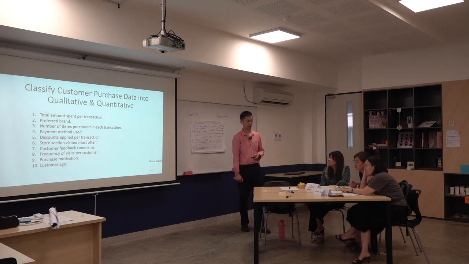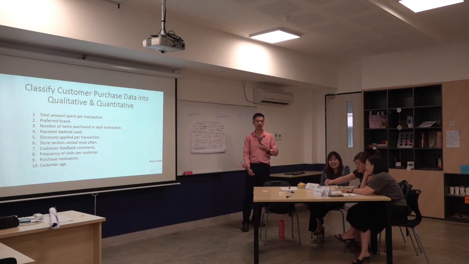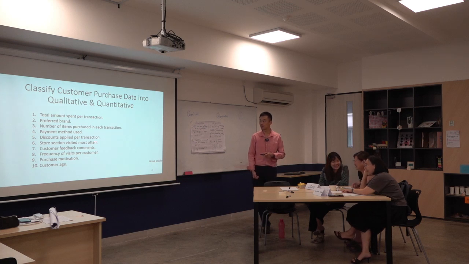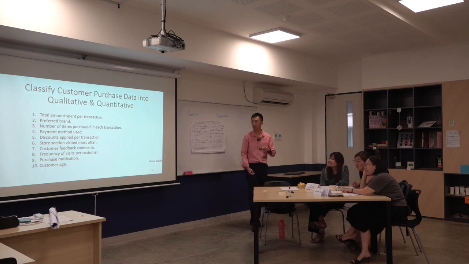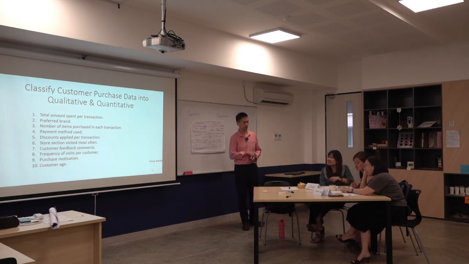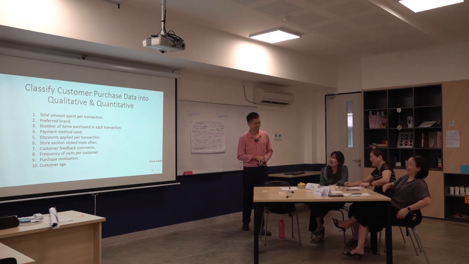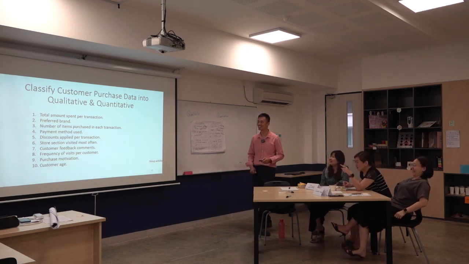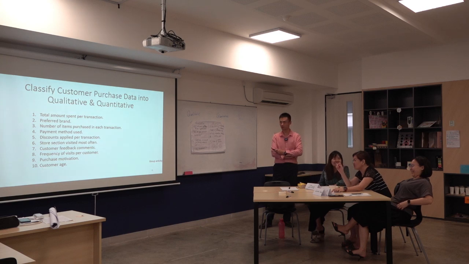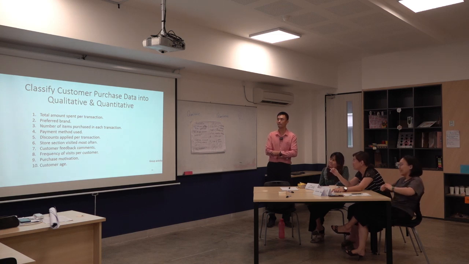Okay, and number six, store section visited most often. This one depends. It can be quantity and it also can be quality. Correct. Do you have any example of why there can be quantity and quality? Quality means which section we go to, like for example the wet market, the dry market, or the clothes section.